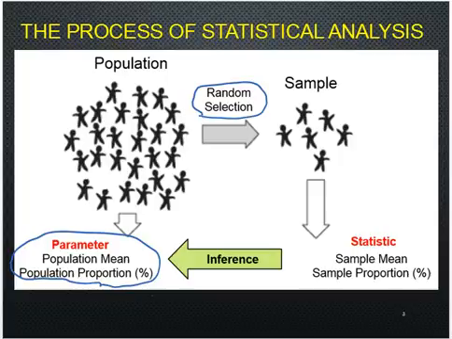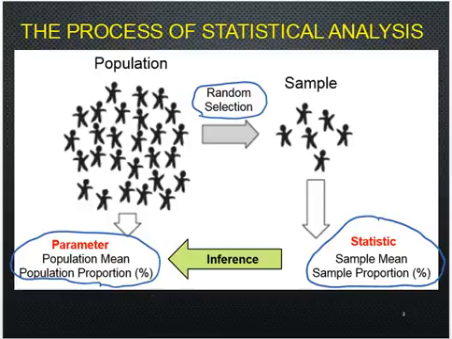A statistic is essentially something that is calculated from the data that's collected from the sample. It might be the sample mean or the sample proportion. So note the difference. A parameter is for the population mean. A statistic is for the sample mean. P for population, S for statistic.